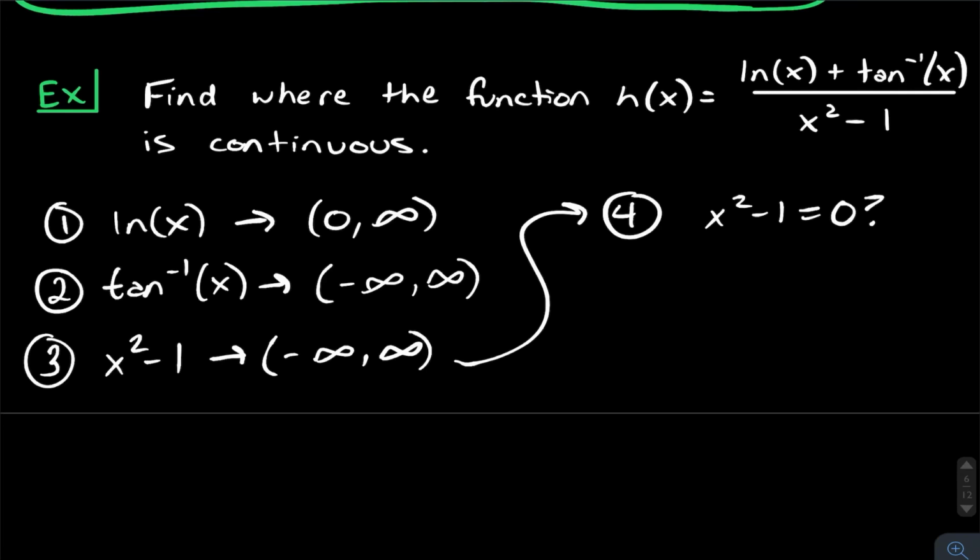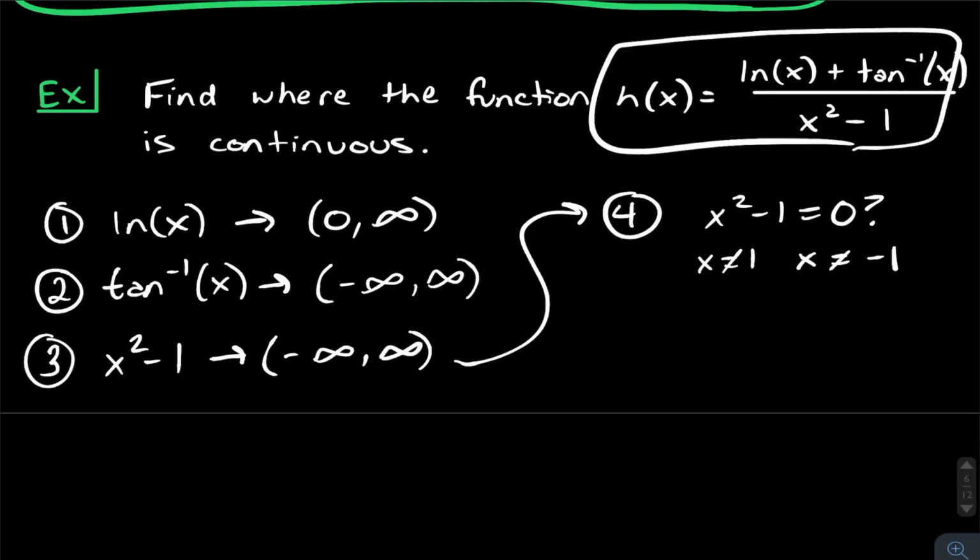And here you can see that there are two places where this can be 0. You can solve this equation if you want, but if we have x equal to 1 or x equal to negative 1, that is going to be a problem. And so they can't be in this domain. That's what's going to make this thing discontinuous as well.